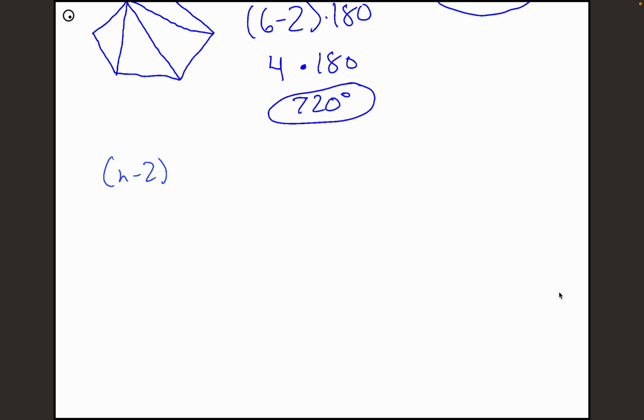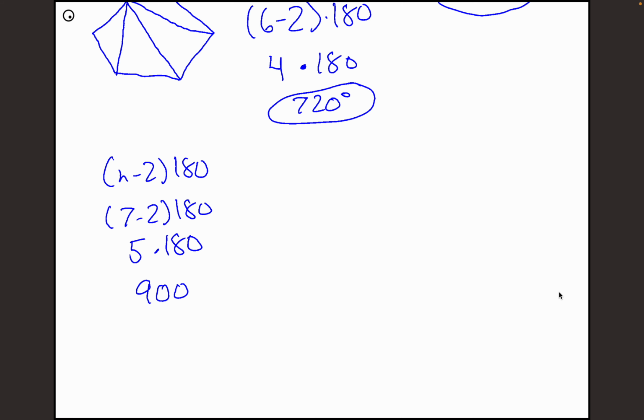N minus 2 times 180. And how many sides is a heptagon? 7 sides. So I have n minus 2 times 180, so that's 7 minus 2 times 180. What's 7 minus 2? 5. And what's 5 times 180? 900.